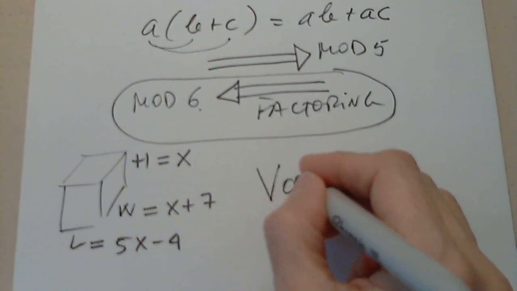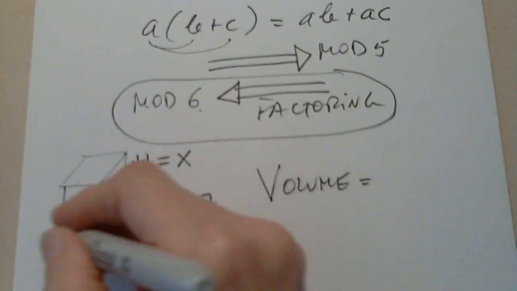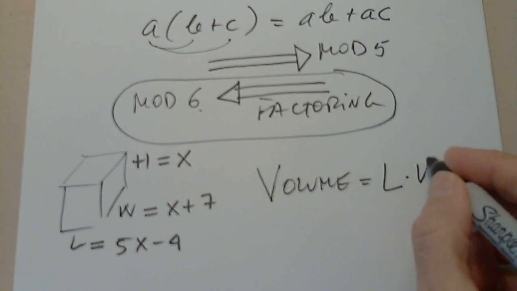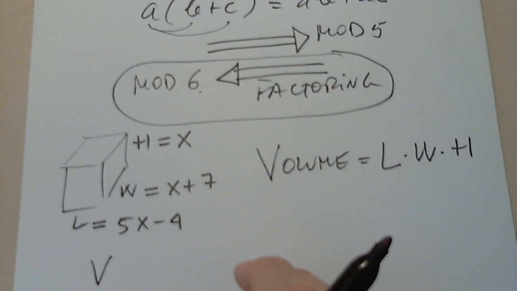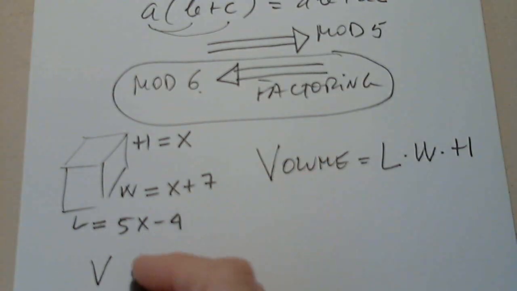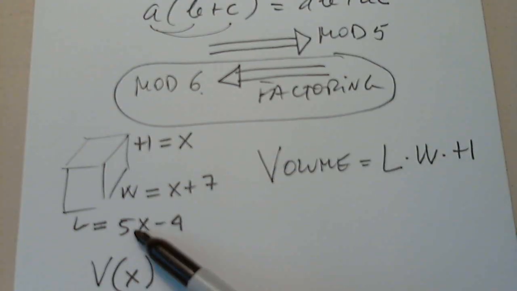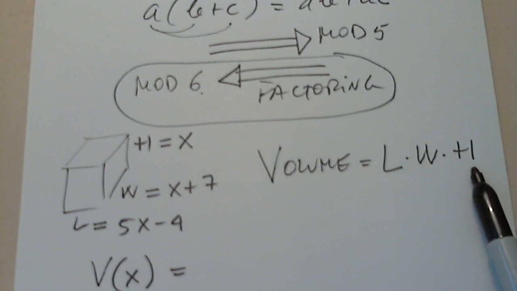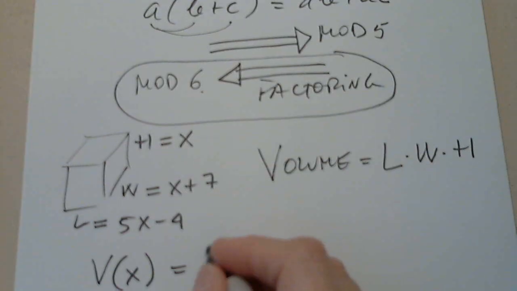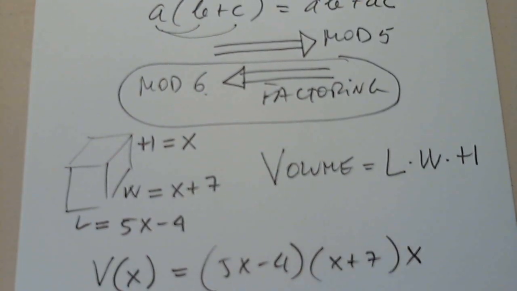Now, if we're asked to find the volume, then we have to remember the volume of a rectangular solid is length times width times height. So the volume, because now we know how to denote these expressions, is a function of x. I only have to replace the length by 5x minus 4, the width by x plus 7, and the height by x. So let's write them: 5x minus 4, x plus 7, and then x.